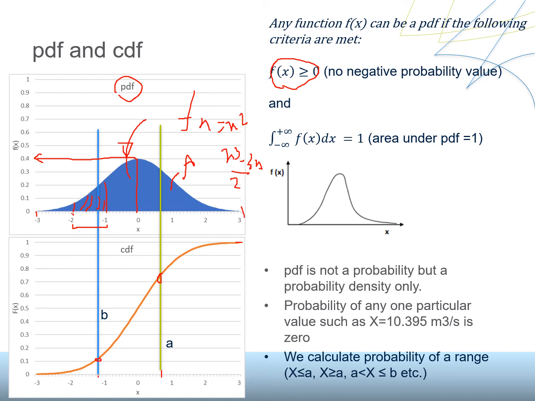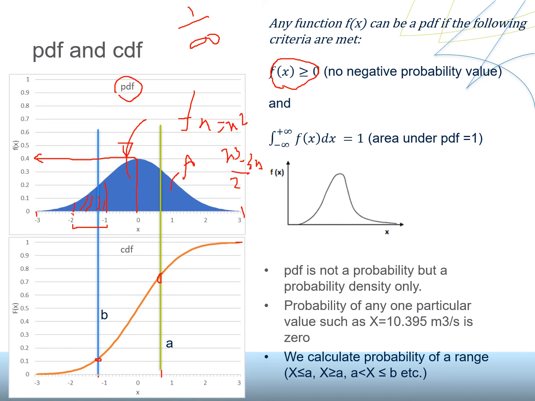How many values can it take within that? It can take an infinite number of values: 0, 0.1, 0.01, 0.001, 0.0001. Based on our definition, the number of outcomes is infinite, and getting one particular value is 1 over infinity, which means the probability is 0.